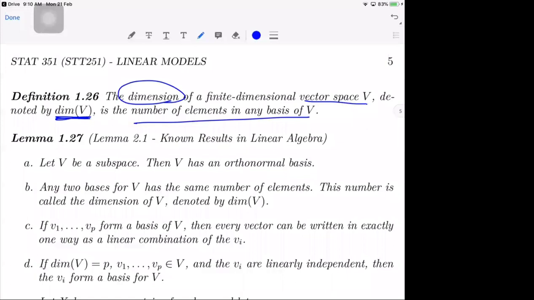Now, if you recall, the rank of a matrix is the number of linearly independent rows or linearly independent columns. These are some well-known results in linear algebra. We will not prove them, but you should be familiar with them because in the proofs in the next theorems, lemmas and corollaries, you will usually use these results.